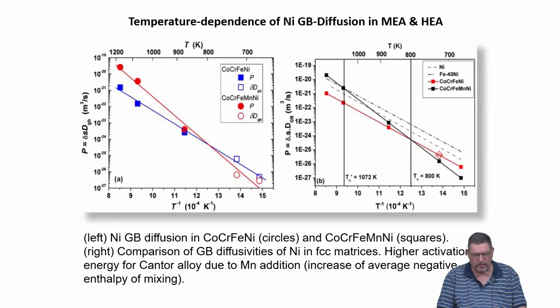If we look at temperature dependence, then again, when we compare 4 and 5 component systems, we see there is a crossover, but otherwise there is nothing which would indicate that a high entropy effect is there. And again, we have to think here of the manganese addition, which might change the game more considerably than going from 4 to 5 components.